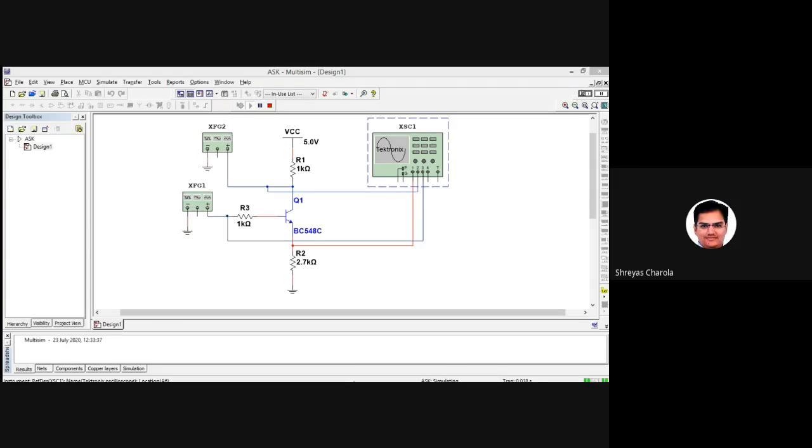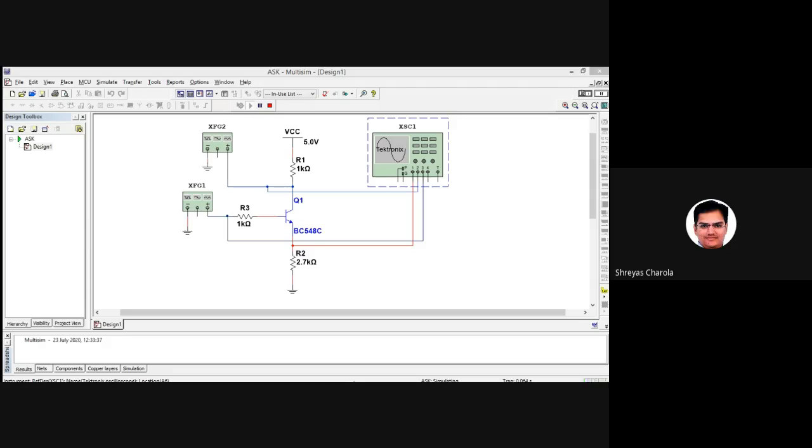Now let us open this. See, look over here. This pink color is the input you applied, channel 3, and channel 3 is the digital signal. So this pink color is the digital signal. The blue color is nothing but the carrier frequency.